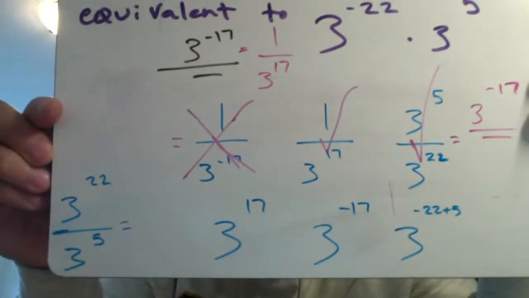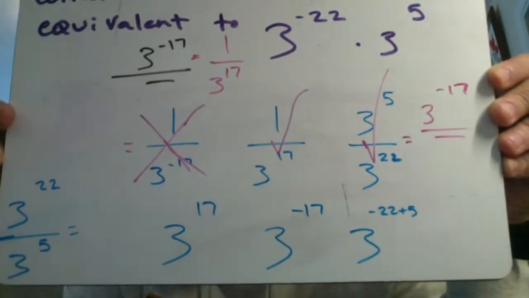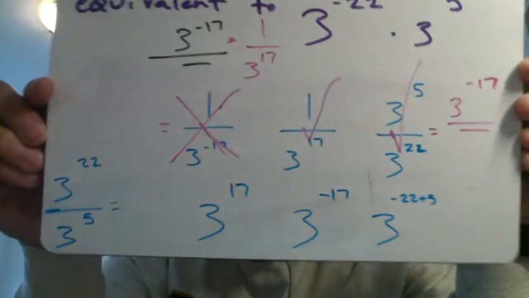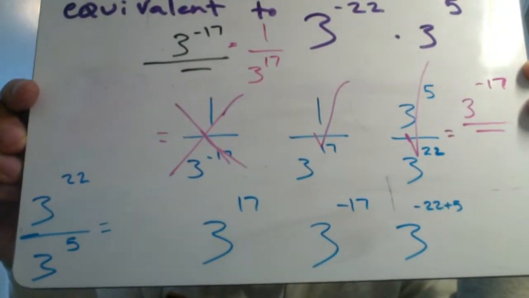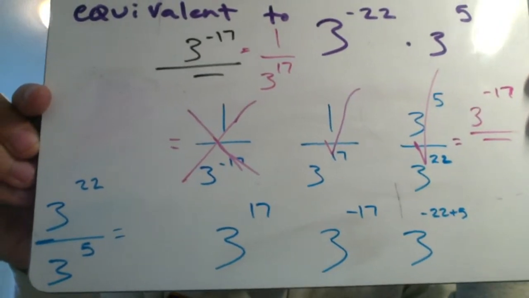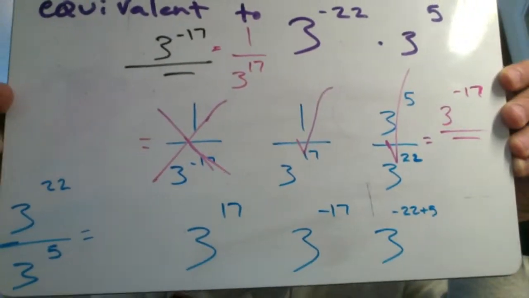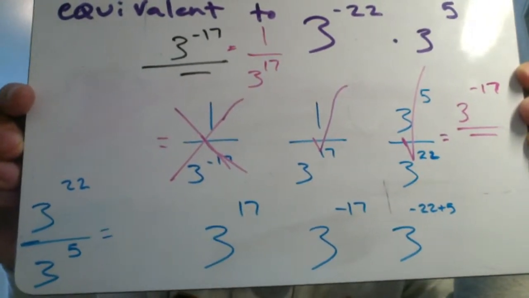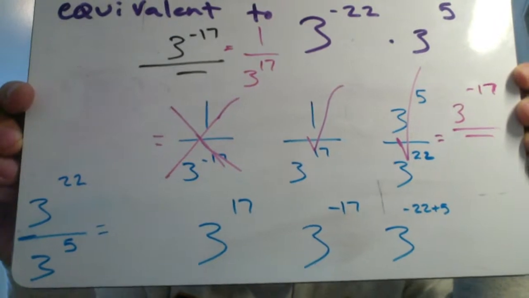Either one works. But guys, let's get back to this last problem. So over here, we have 3 to the 22nd over 3 to the 5th. What is that equal to? Does that equal 3 to the negative 17th power or 3 to the positive 17th power?